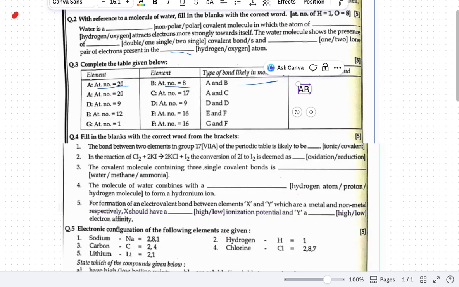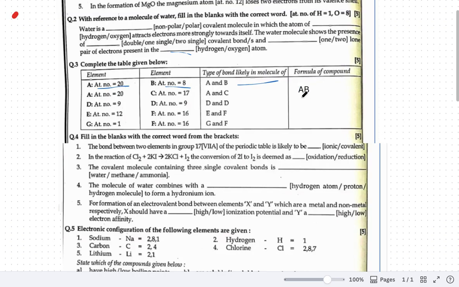It is AC2 because in order to take 2 electrons from A, you need 2 different C atoms.